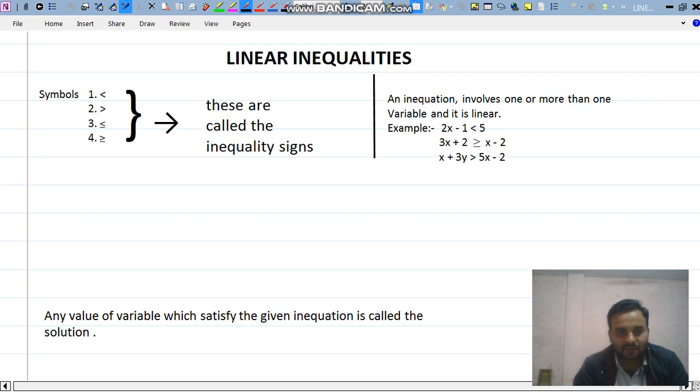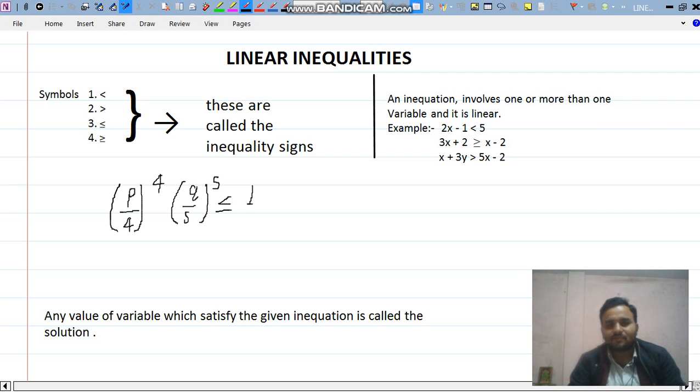Let us see here. Suppose you have a question (p/4)^4 and (q/5)^5 less than or equal to 1.